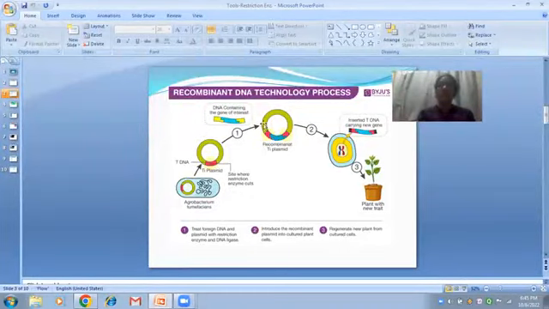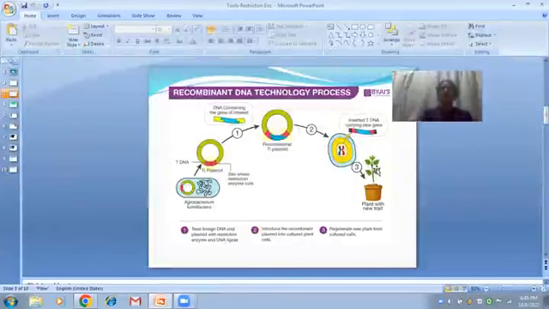After the insertion, it now has two types of DNA materials or genes. One is from the plasmid and the other is the desirable gene. So it is a combination of two distinct genes, and we call it a recombinant DNA or chimeric DNA. This chimeric DNA we now have to insert into the specific plant.